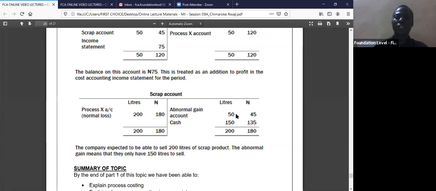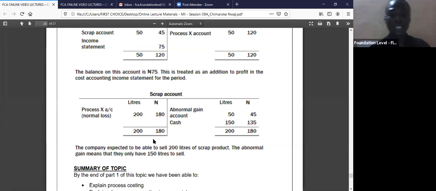But now they have costed the abnormal gain at scrap value. This is done in order to make the difference equal. Otherwise, I don't see any reason why an abnormal gain that is not deformed. If it was deformed, anyway, it's still a gain.